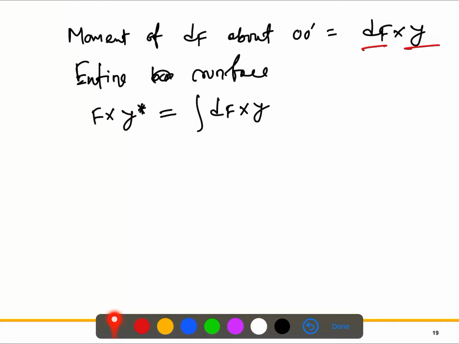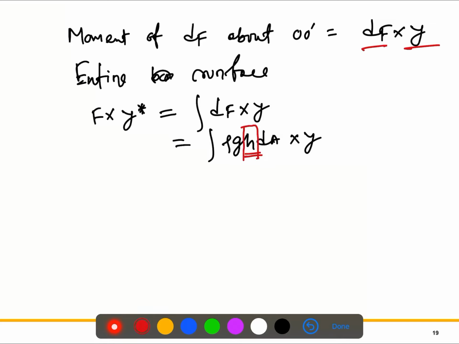Now dF, we know from the previous slide, is rho g h dA into y, right? We know it. Now we actually need to know the h.